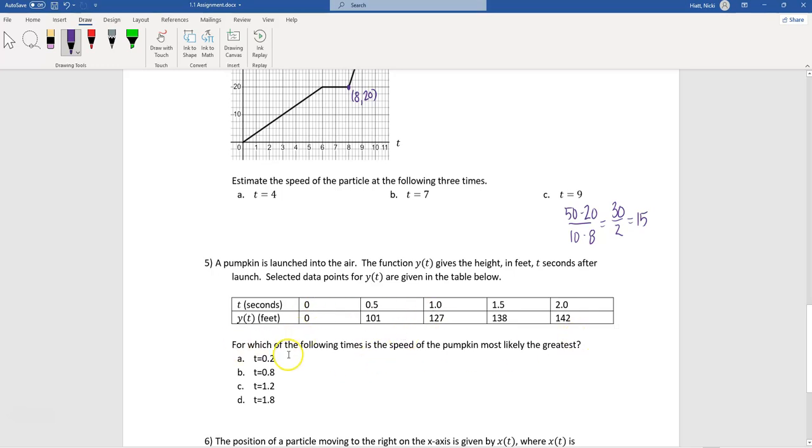In this case, what did you guys get for this? A, and it is going to be that initial launch. That's when you're at the steepest section of this graph, and that should make sense. Now, if we kept on going with this graph, it should probably be mirrored on the other side.